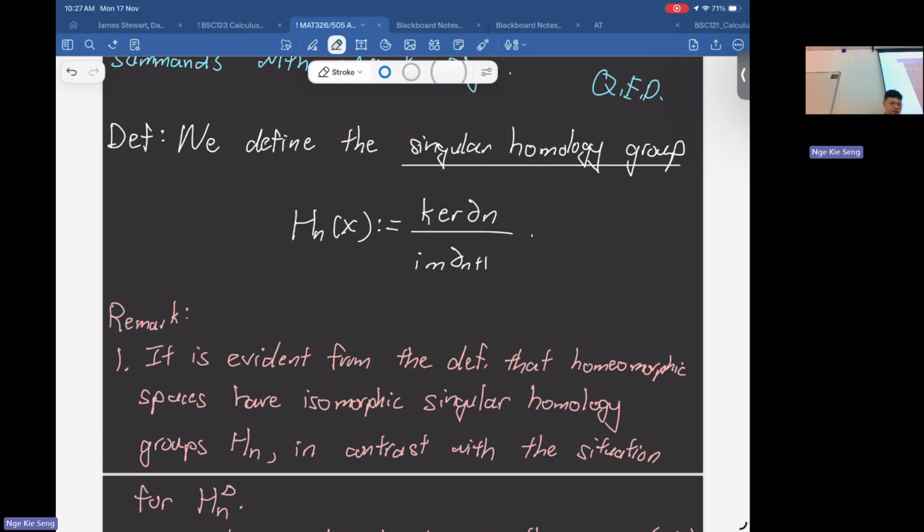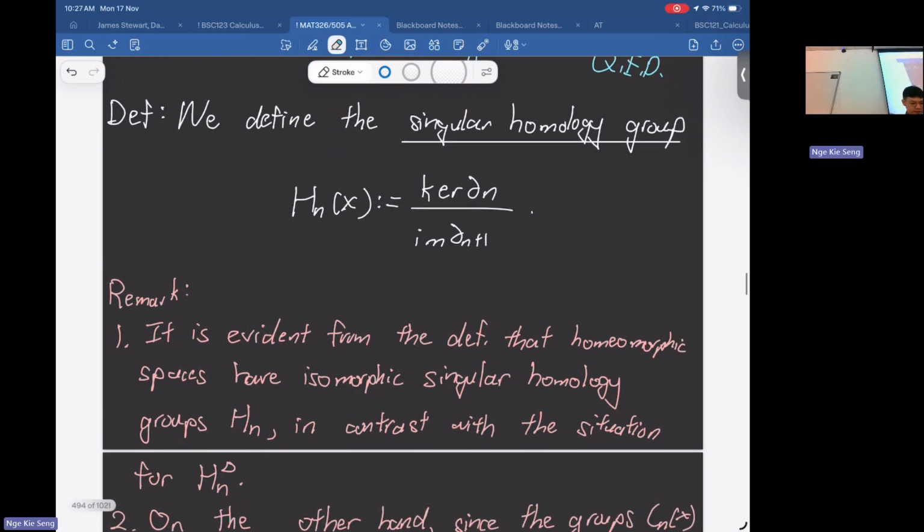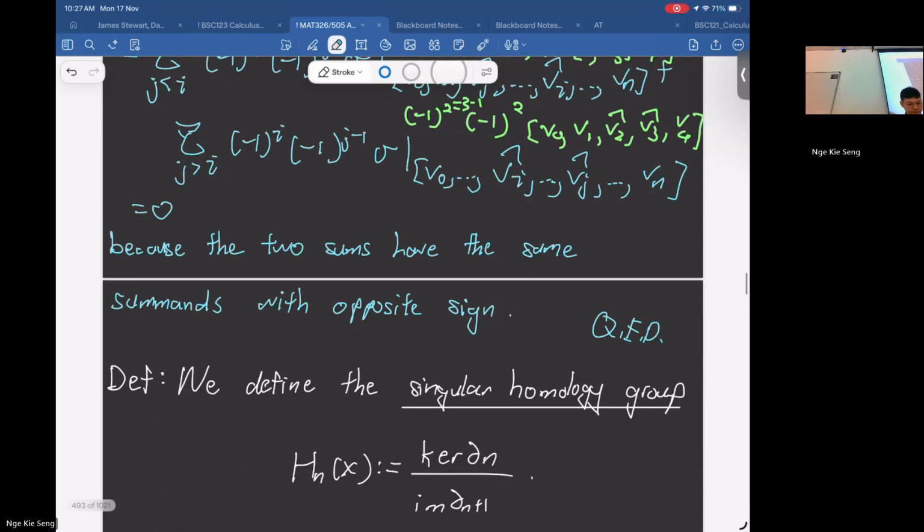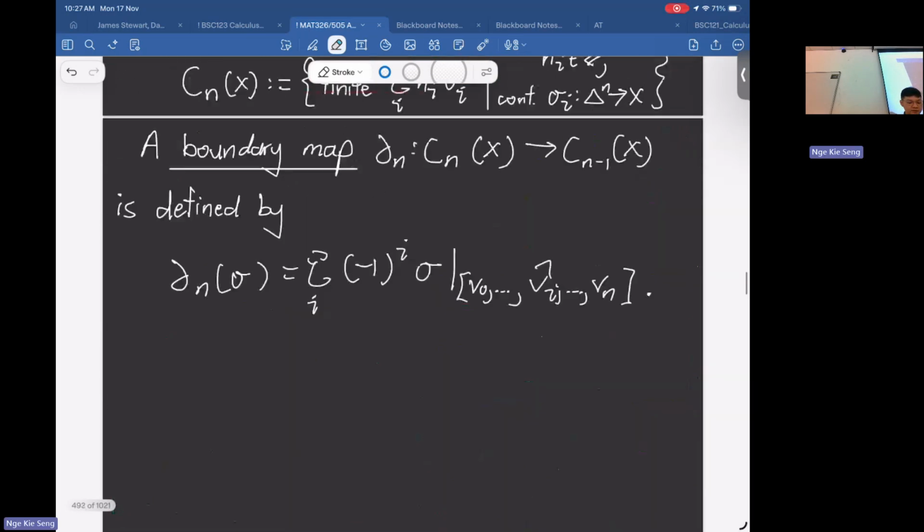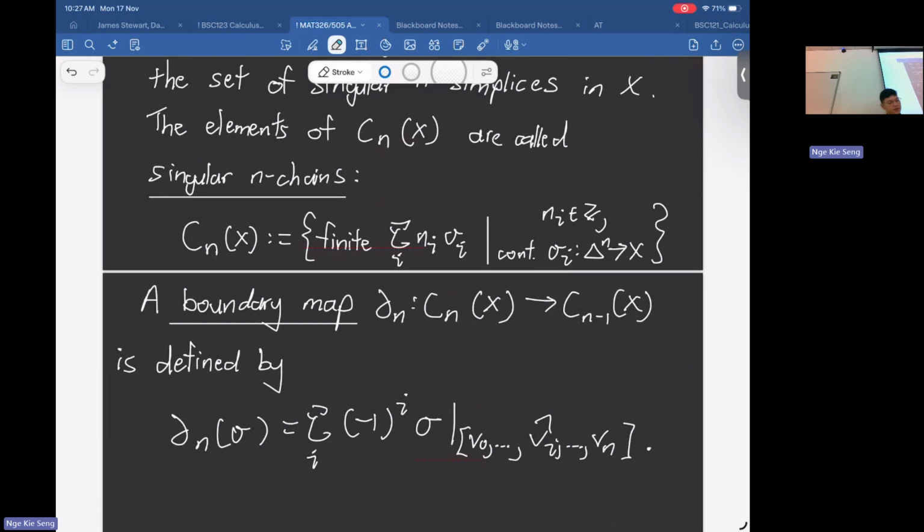We can form something called a singular homology because the image is inside the kernel. The basis here is different, correct or not? The basis here is continuous maps. The basis before was delta n. Here is a map, previously it is delta n. Here the basis is function.